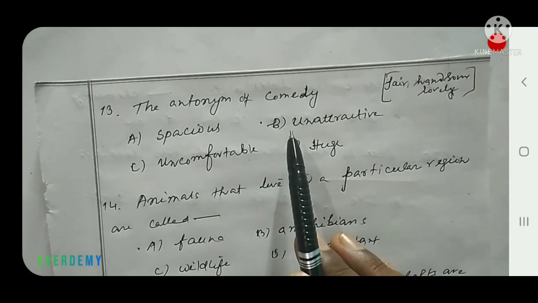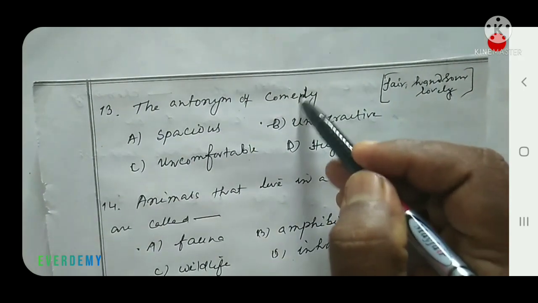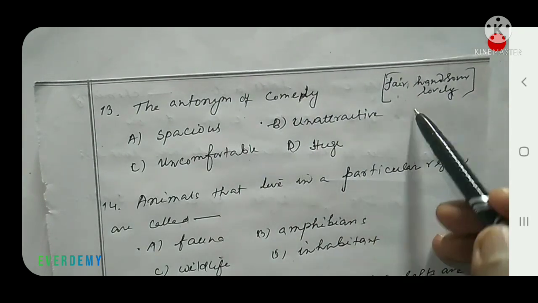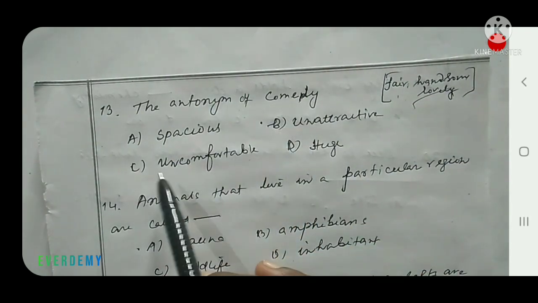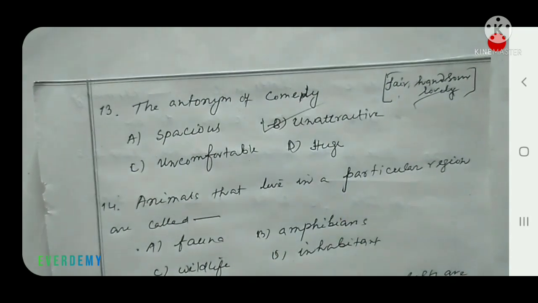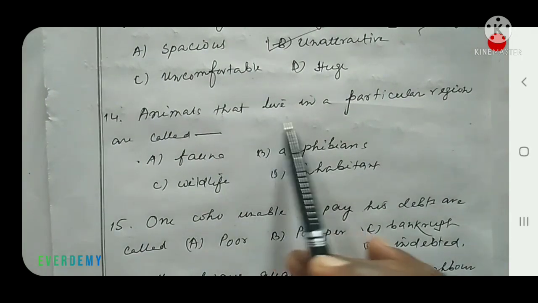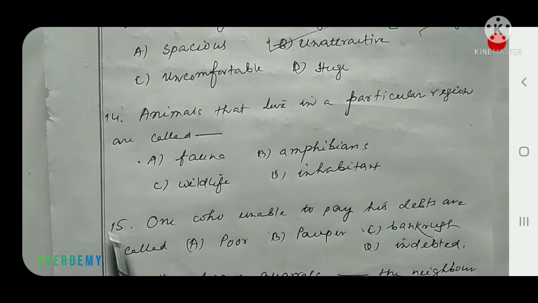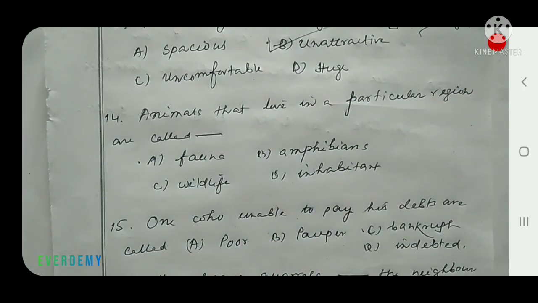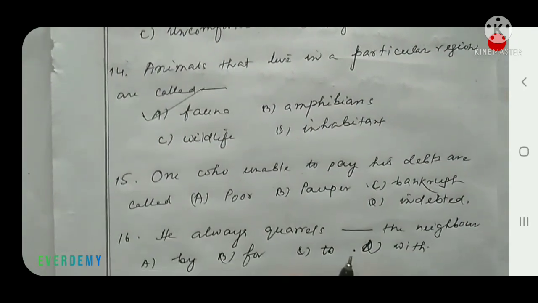Next 13. The antonym of comely, which means fair, handsome, lovely, will be unattractive. B is the correct answer. Next, 14. Animals that live in a particular region are called the fauna. That is the correct answer.